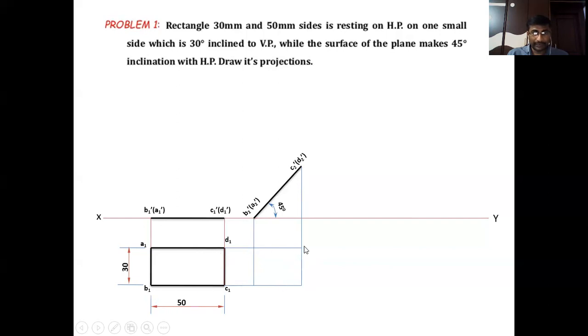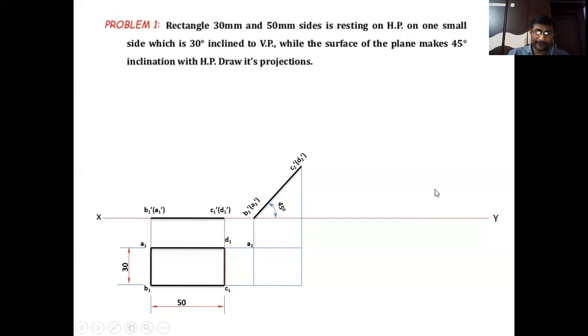These intersect the vertical projectors. Locate the points in the second stage top view. The line drawn from A2 dash intersects the line drawn from A1, and that point is noted as A2. This is the A2 point.